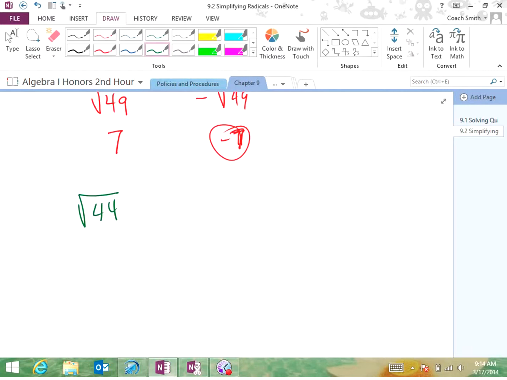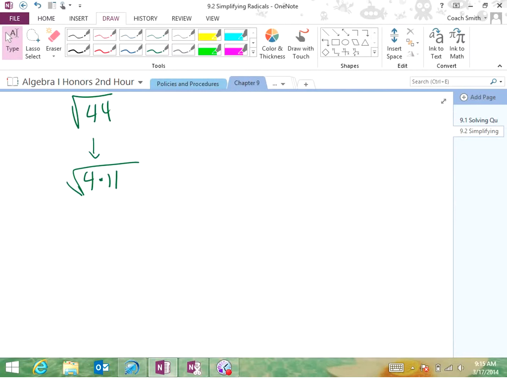All right? Now, here's how we do that. There's two different ways that you can do that. This is fairly simple to see that 4 times 11 is equal to 44. Okay? And so our rules for radicals is this.